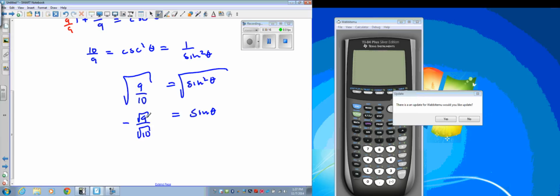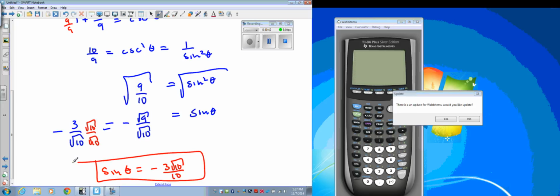Now, this is going to be a minus 3 over square root of 10, and I can't leave the square root in the denominator, so I have to go square root 10 over square root 10. So then the answer is sine theta equals negative 3 square root 10 over 10. And that's the answer.